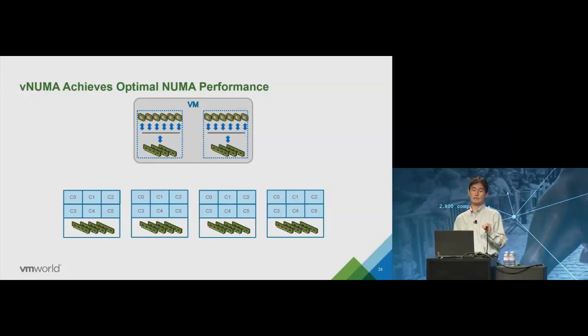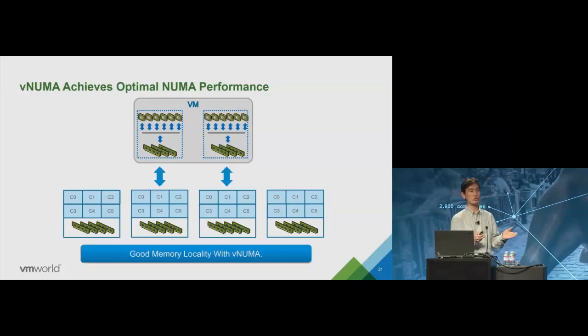That means the process and memory will be allocated on the same virtual node. Then ESXi makes sure to preserve that locality for best performance. So virtual NUMA is pretty important for high performance on wide or big VMs.